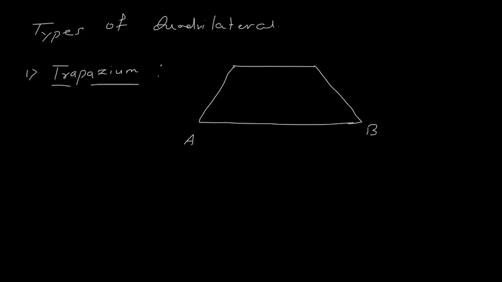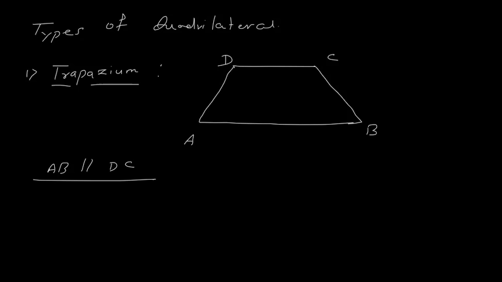So in quadrilateral ABCD, if AB is parallel to DC, so if one pair of opposite sides is parallel, then this is called a trapezium.